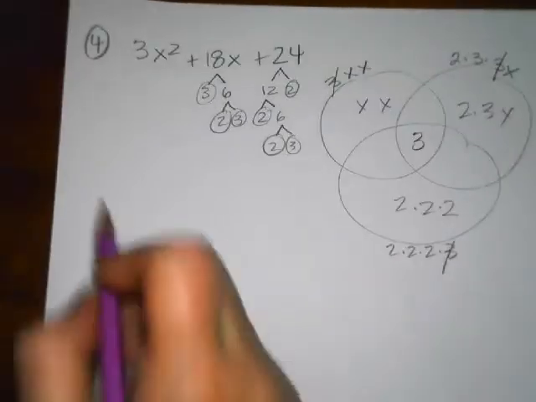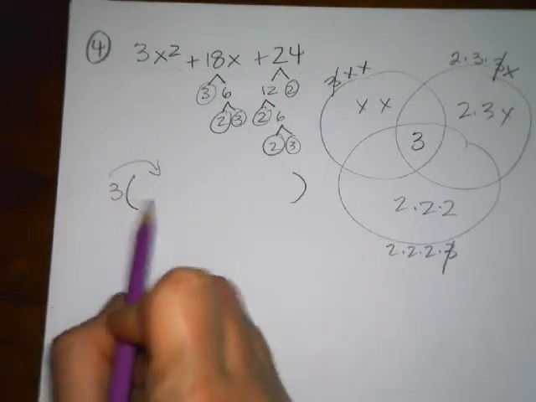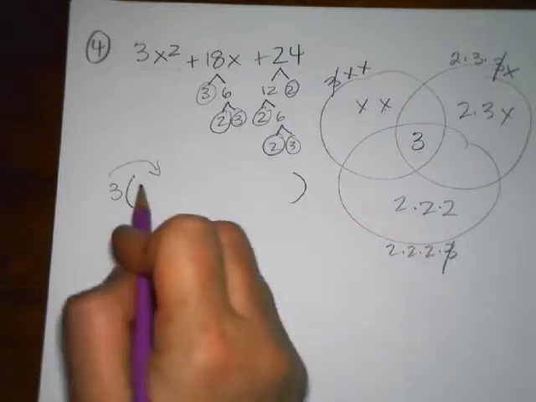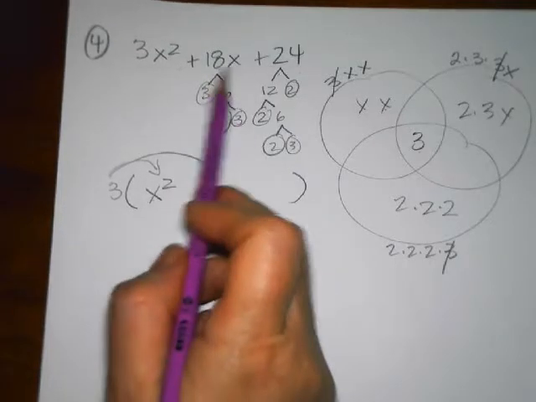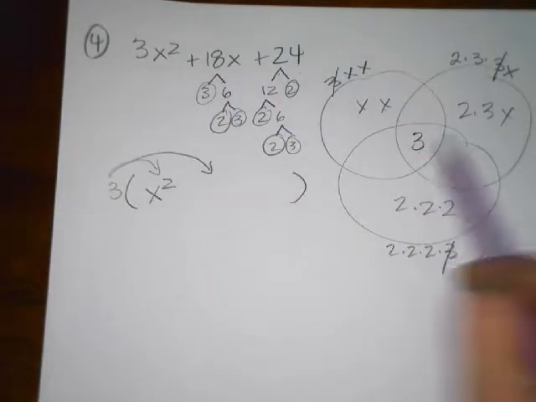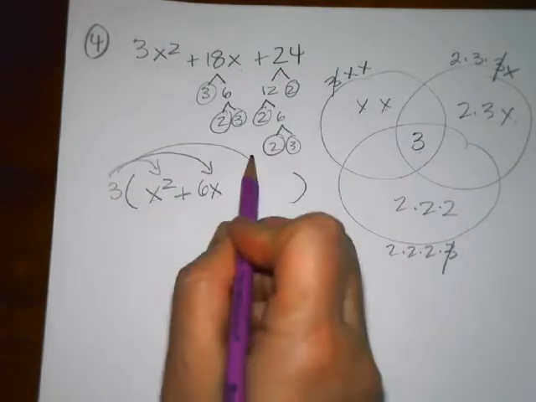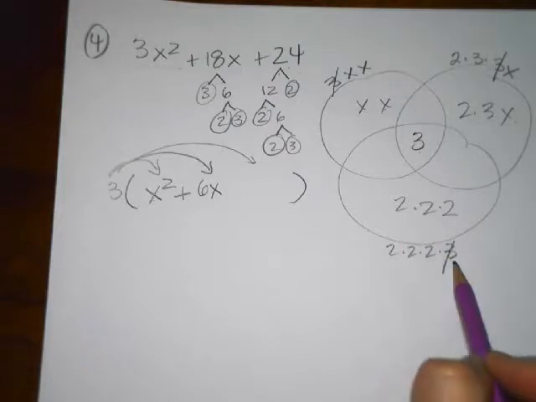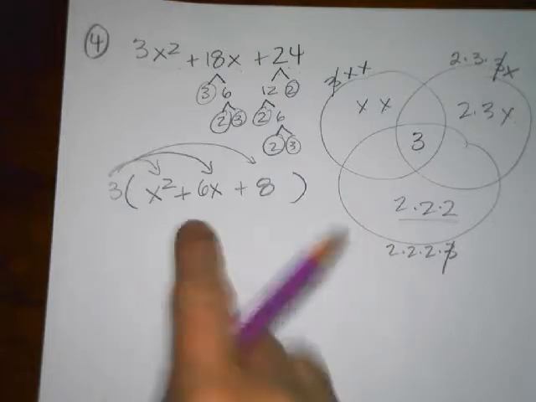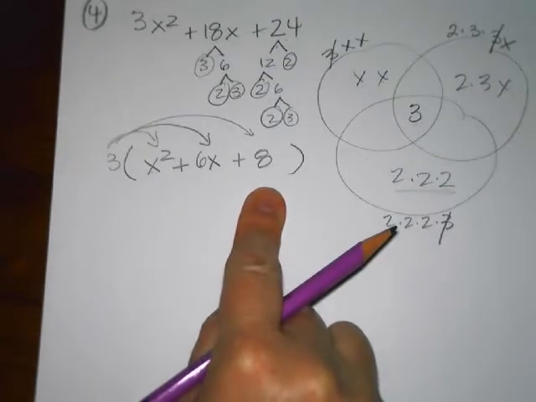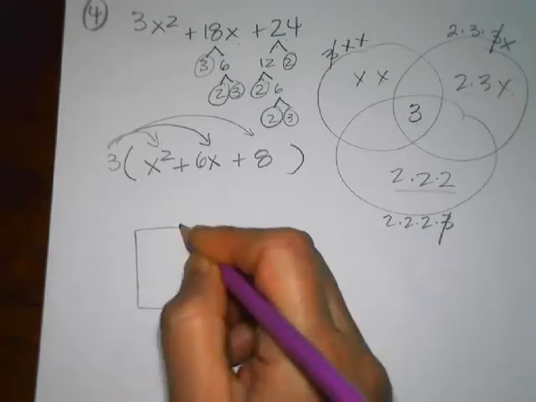Okay, so we're going to factor out that 3. 3 times what is 3x squared? 3 times x squared is 3x squared. 3 times what is 18x? 3 times 6x is 18x. 3 times what is 24? 3 times 8. 2 times 2 times 2 is 8. Okay, so now we can factor x squared plus 6x plus 8 using area diamond.